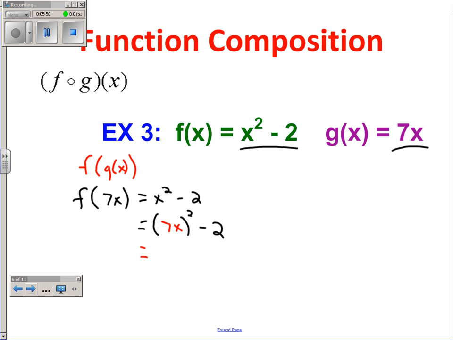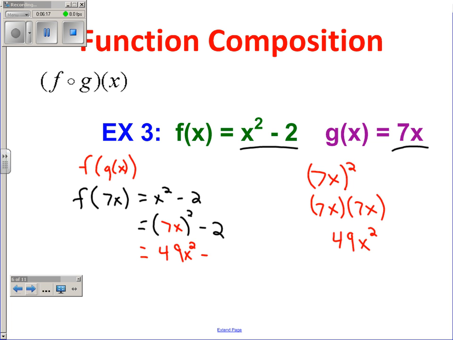Now I want to come over to the side, and I want to square 7x. So I'm going to write 7x times 7x. 7 times 7 is 49, and x times x is x squared. So I have 49x squared. And let's not forget our minus 2. Now you need to check it.